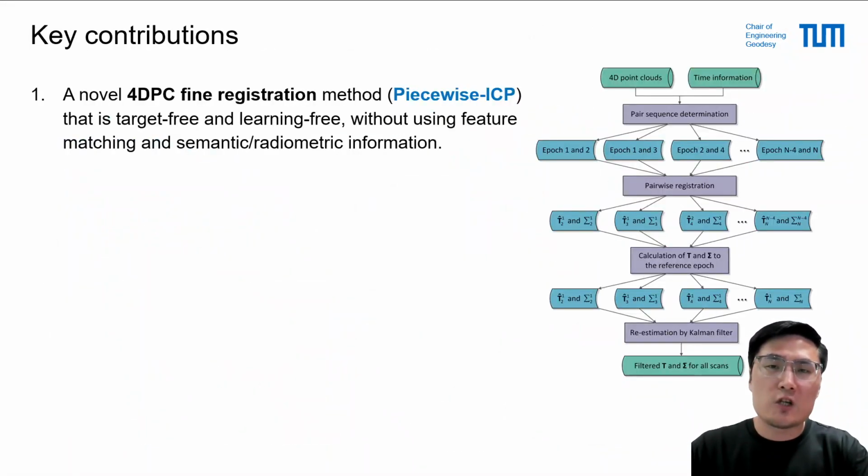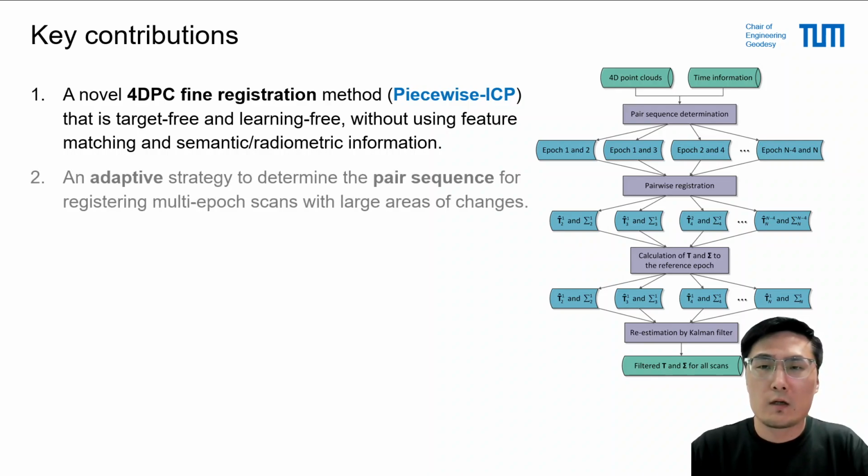To address these challenges, we propose a new fine registration method that is called Piecewise-ICP. It is target-free and learning-free and doesn't need time-consuming feature detection or matching. Specifically, we use an adaptive strategy to determine the registration pair sequence.